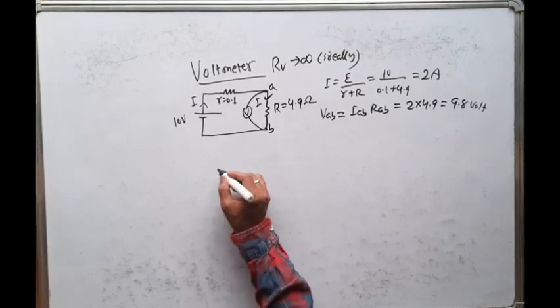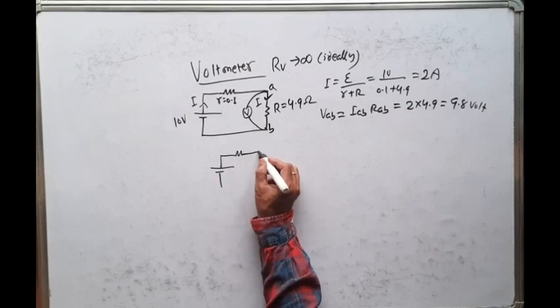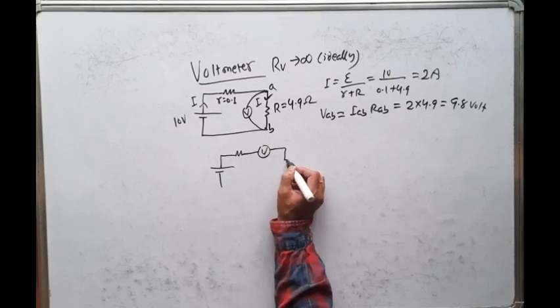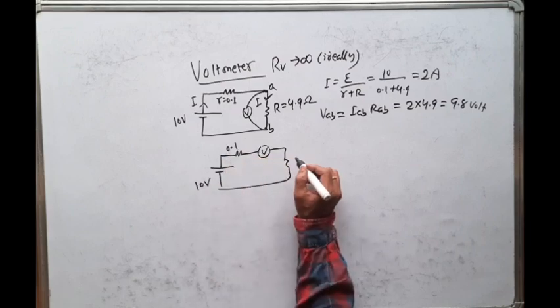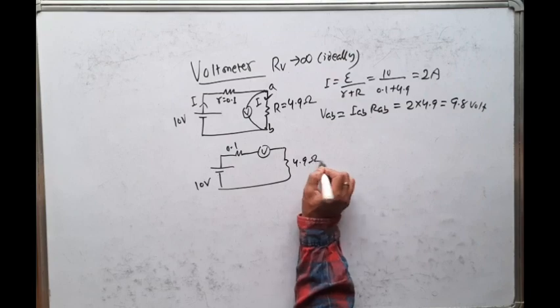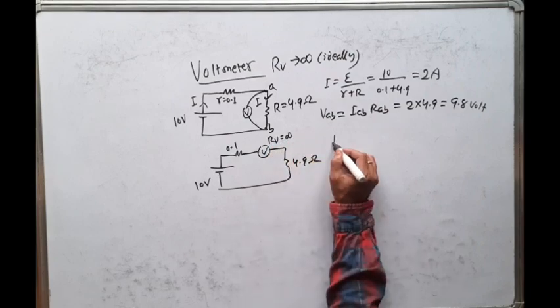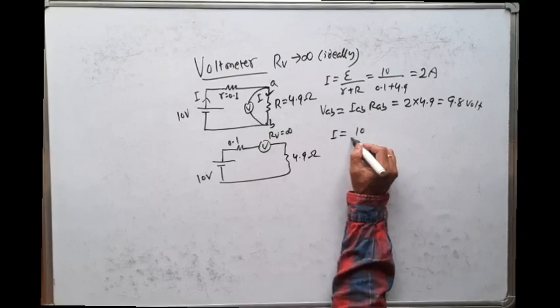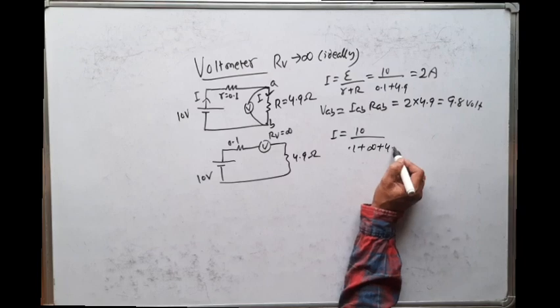But if I connect the voltmeter in series, what will happen? In this problem, I will connect a voltmeter in series. What will happen? Same 10 volt, 0.1 ohm. This is your 4.9 ohm. So here the resistance of the voltmeter is what? Ideally infinite. So what will be the current? Current is equal to voltage by all the resistance, that is 0.1 plus infinite plus 4.9.